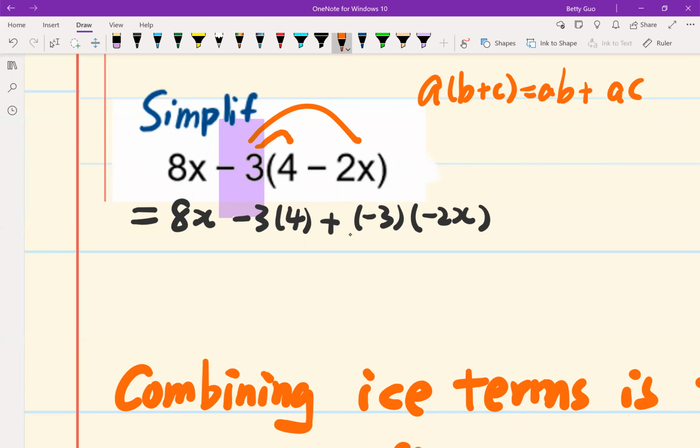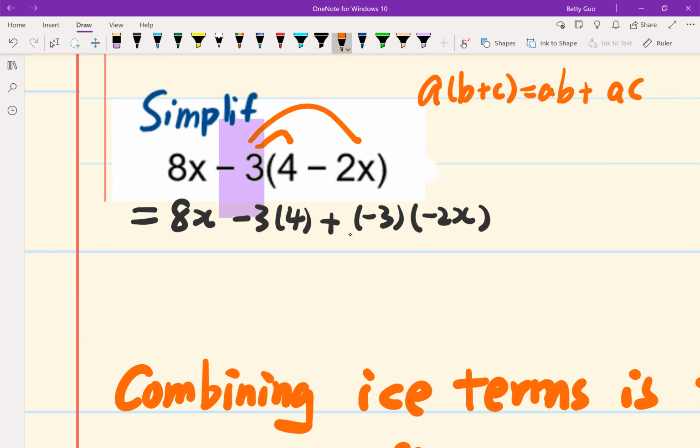You're going to use the coefficient A to multiply each single term in the parentheses. So A times B plus A times C. The coefficient in our case is -3, right? So -3 times 4 plus -3 times -2x.